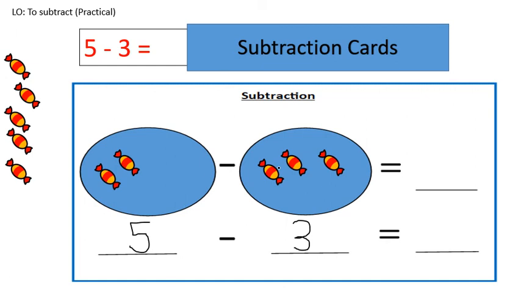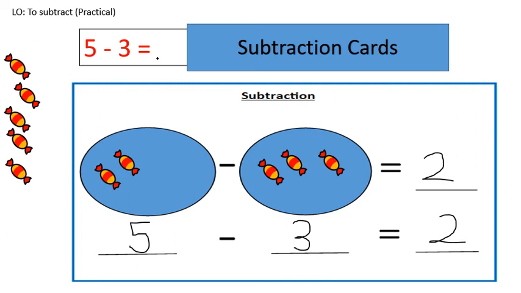Once I've taken away 3, I've got 1 sweet and 2 sweets left. So my answer is 2. So 5 subtract 3 equals 2. So I've got 2 left over. Well done.